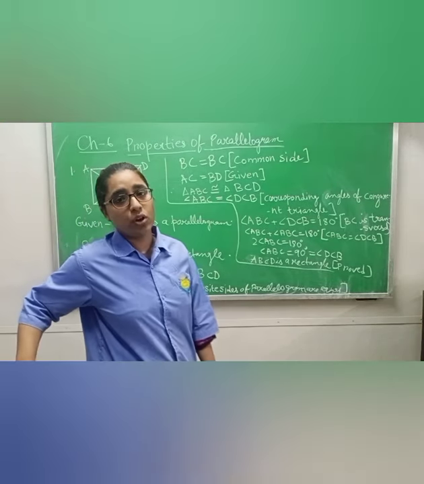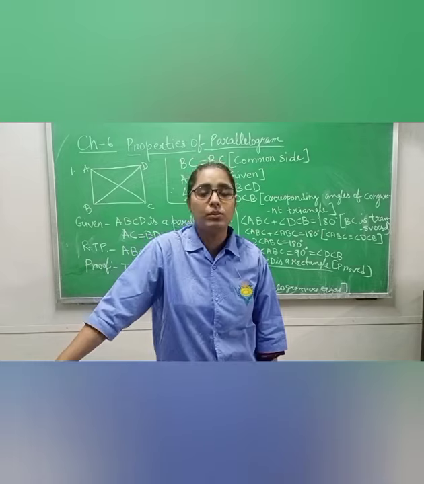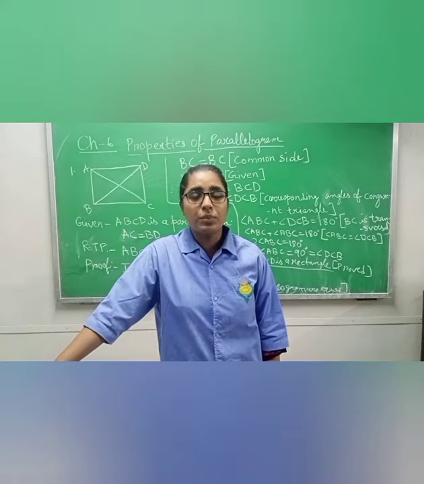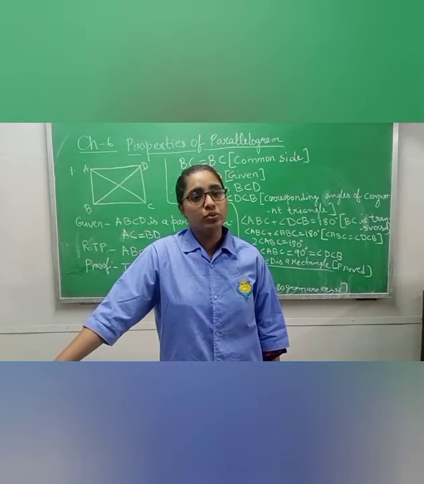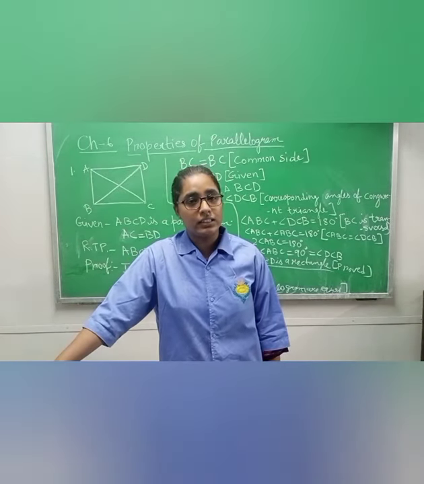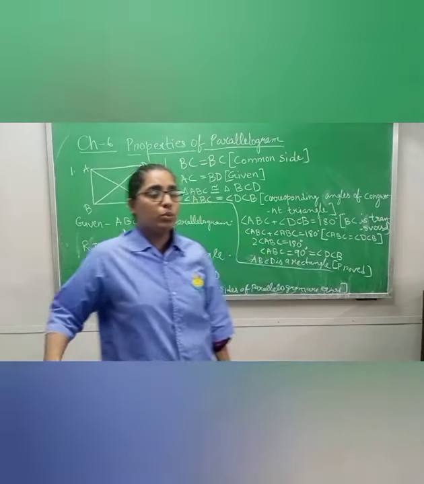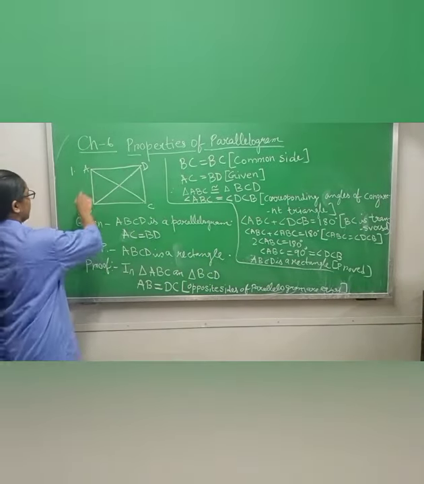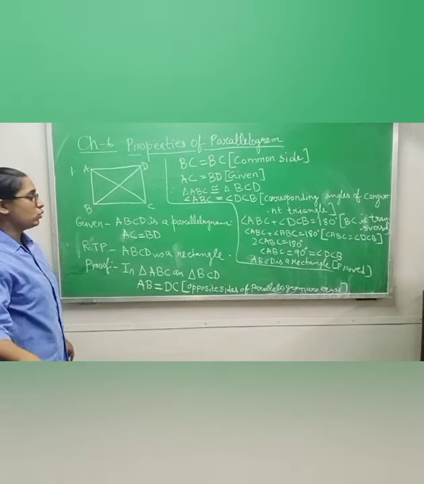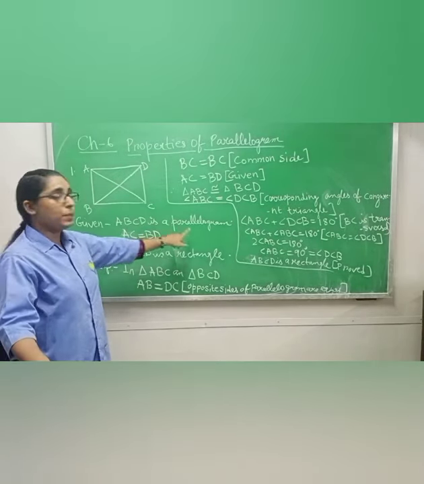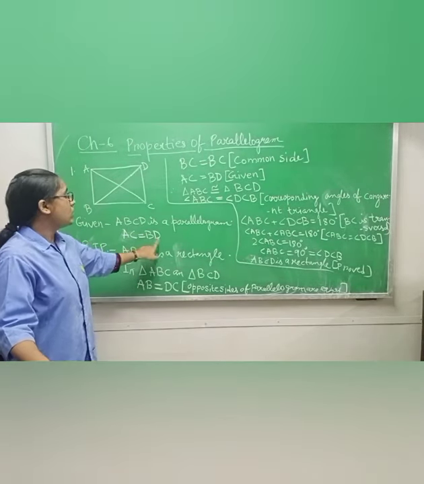So what is the property of rectangle? That each angle will be 90 degree. This is one of the properties of rectangle, we have to prove that angles are 90 degree. Now how we will prove? First of all, I have made diagram ABCD. So in the given part, two things are given to you, that ABCD is a parallelogram and AC equals to BD.